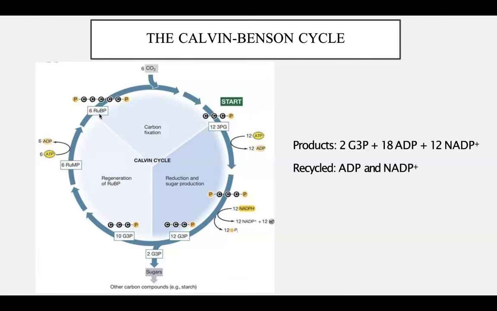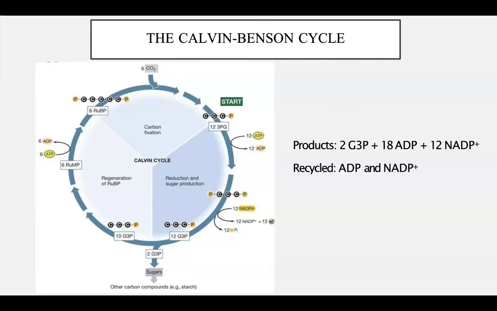So one thing a lot of students get confused about is why does the plant require so much G3P converting back into RuBP? Why doesn't it convert all of it to sugars? And the reason is you can't even start the Calvin-Benson cycle without having your starting material.